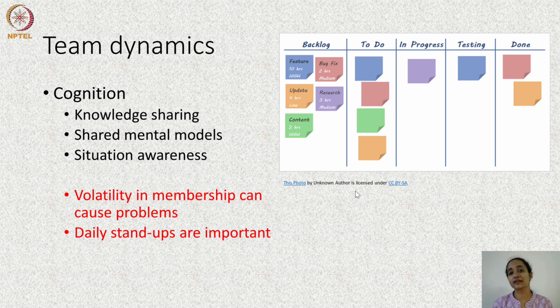Another aspect is that there should be constant communication and coordination mechanisms happening to ensure that team members are on the same page. Daily stand-up meetings are very important here because this is not only a place to ask for help, but also to inspect the work that they have done so far.